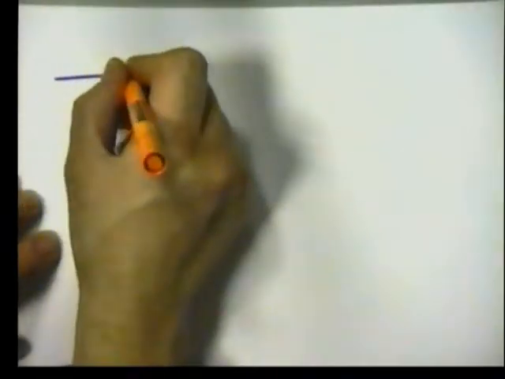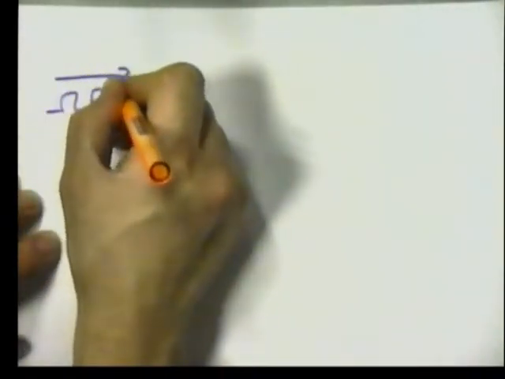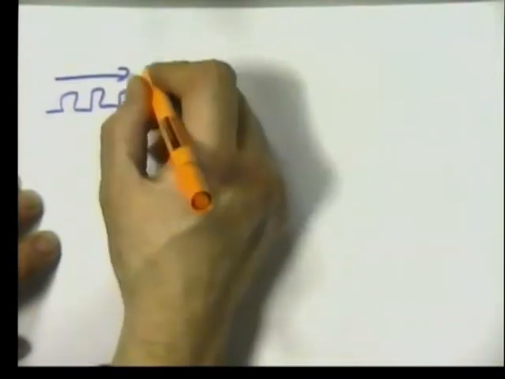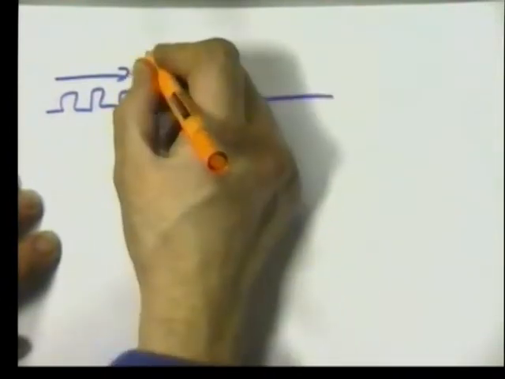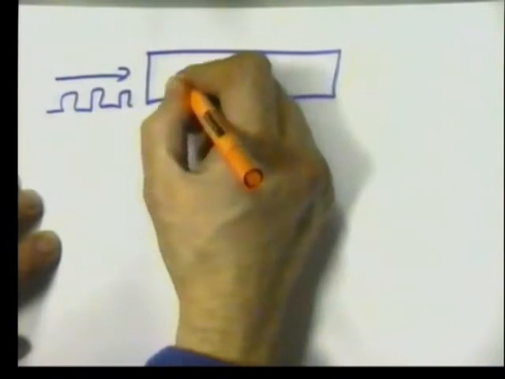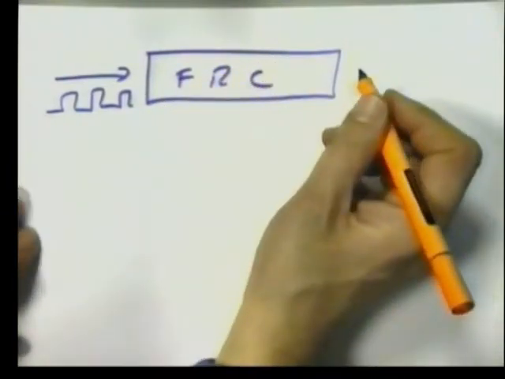You take your crystal, there is a fixed prescaler, there's a programmable prescaler, and we've generated our own timing reference. So here is our timing reference at a frequency of our choice.